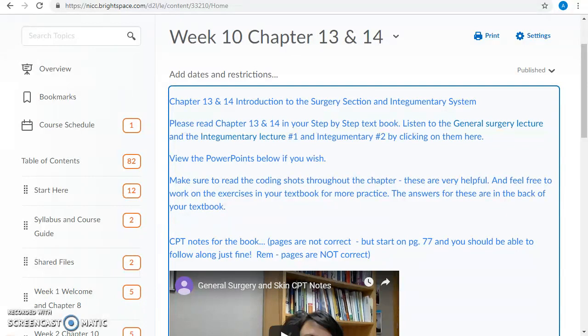So maybe the mole or the cyst or the abscess is 2 by 3. That's what it'll say, 2 centimeters by 3 centimeters in measurement. We take the 3 centimeters because that's the largest diameter. It could be long and skinny, right? But we take the largest diameter, the greatest or largest diameter plus any margins.